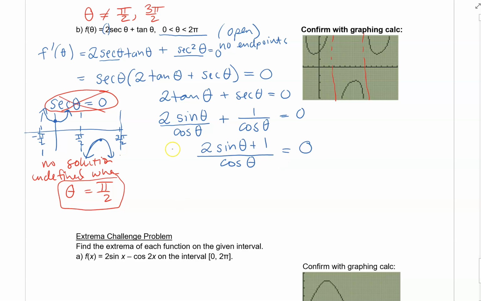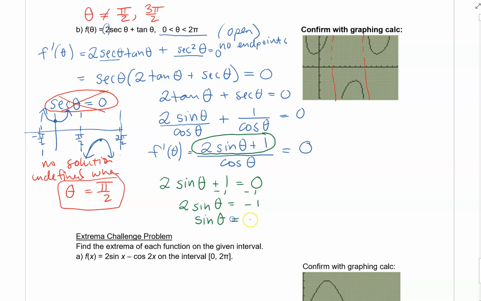So again, I have a derivative that's a fraction. When I have a derivative that's a fraction, only the numerator can actually make the fraction equal to 0, right? So I just take a look at the numerator to see when that is 0, because if my numerator is 0, my whole fraction is 0. So I would subtract 1 from both sides and then divide by 2.